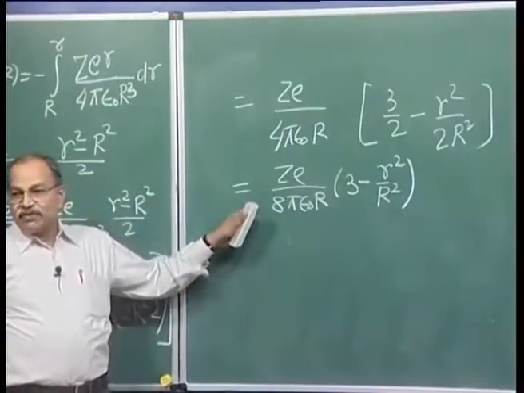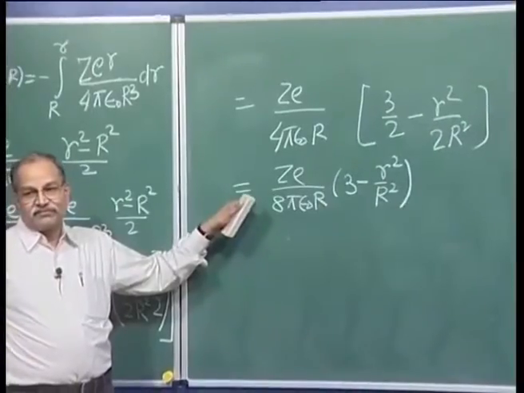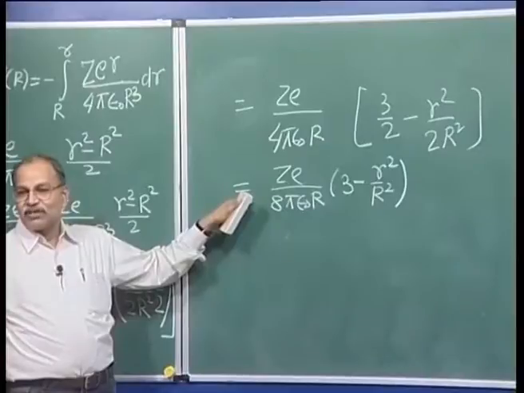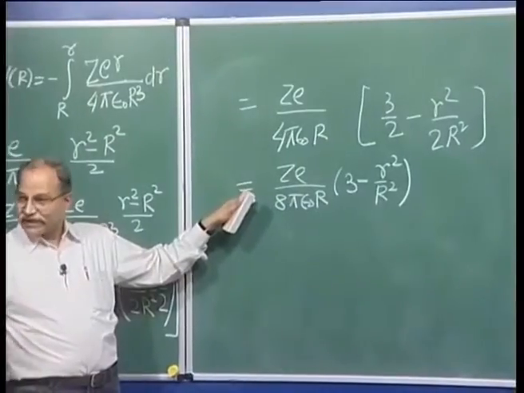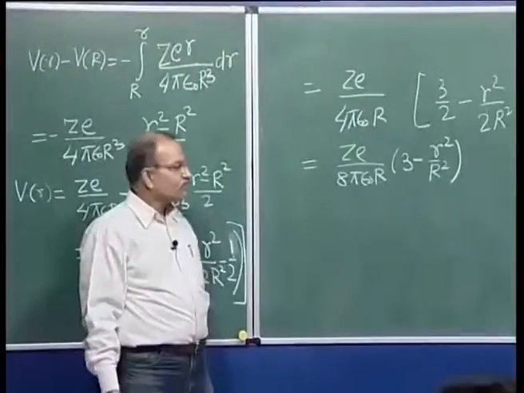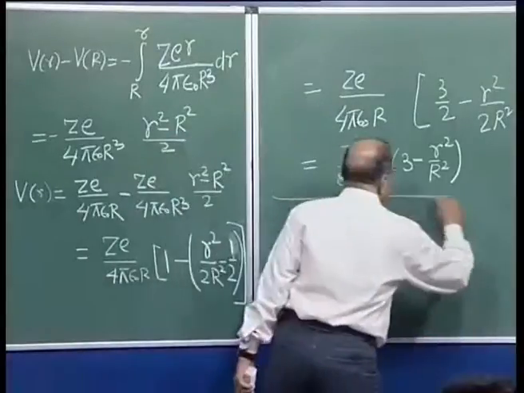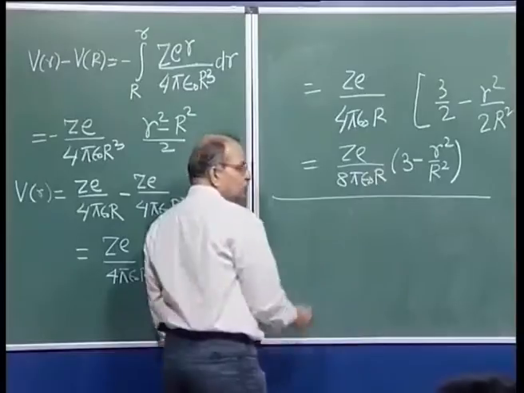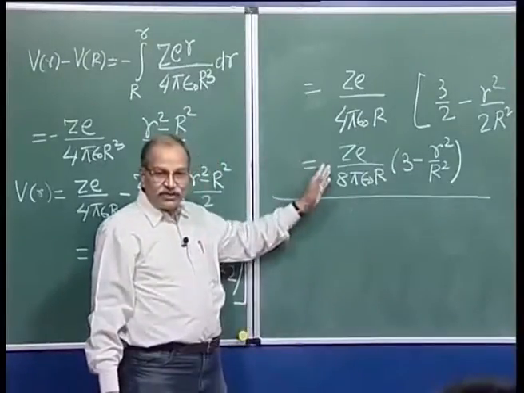What is this quantity we have gotten? This is the potential at a distance small r from the nucleus, inside that nucleus. So, point nucleus you remember, and this spherical nucleus now you know.